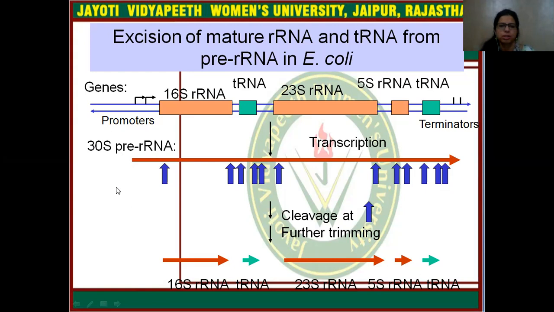But before mature rRNA and tRNA formation in E. coli, the immature or premature raw material is prepared, which is the 30S pre-rRNA. That's how trimming and cutting occurs.